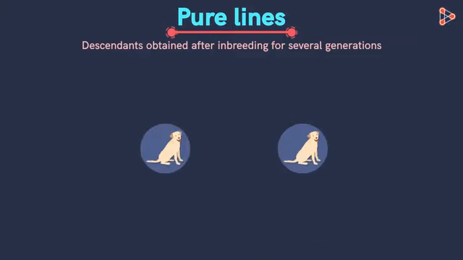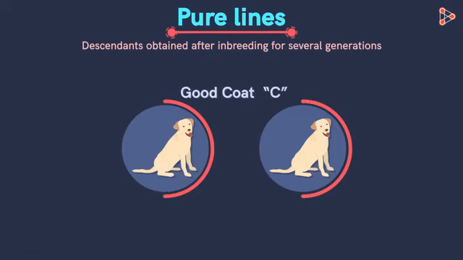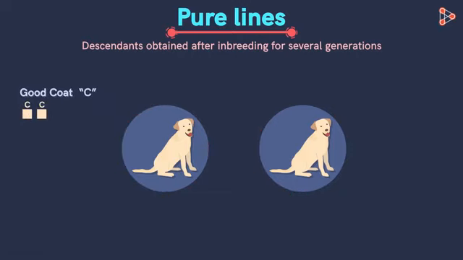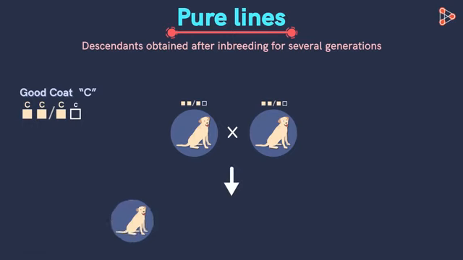Confused? Don't be. It's easy to understand this with an example. Let's say we have this particular breed of dogs. Both these have genes for a good coat on their skin, say C. So, both these dogs may have the genes CC both in uppercase or Cc, that is, one in upper and the other in lowercase. On crossing these two dogs, we get these offspring.